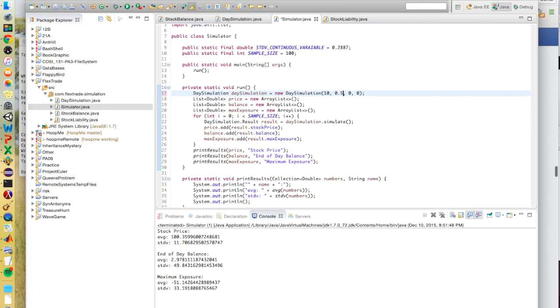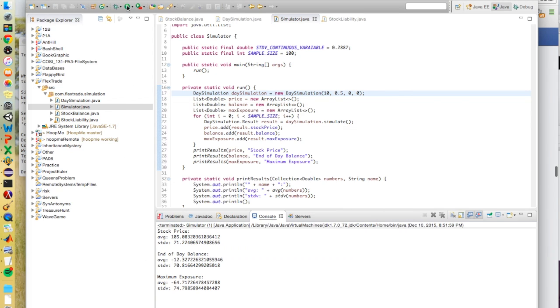But again, if we pump up the volatility, we can expect that this maximum exposure is going to go higher, and similarly the standard deviation is going to go higher. But in our final test, yes, the standard deviation went higher in this case. The maximum exposure didn't go much higher.